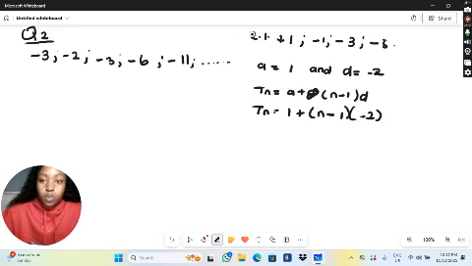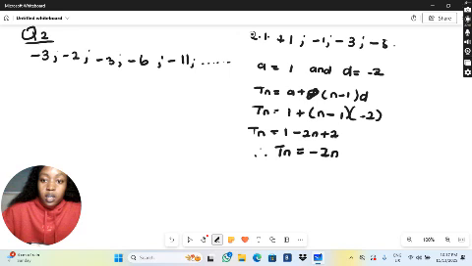So our Tn will then be equal to 1 minus 2n plus 2. Therefore, Tn is equal to negative 2n plus 3, because we have these 2 and 1, 3. Yeah?